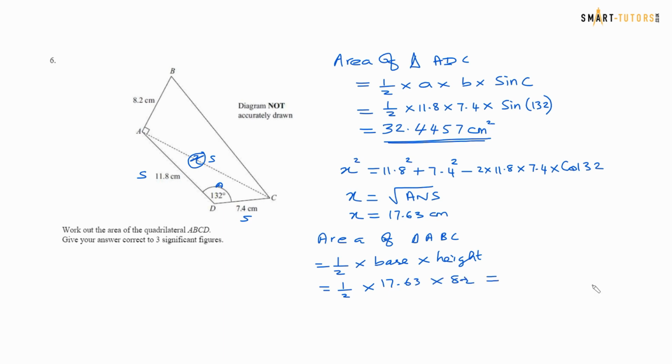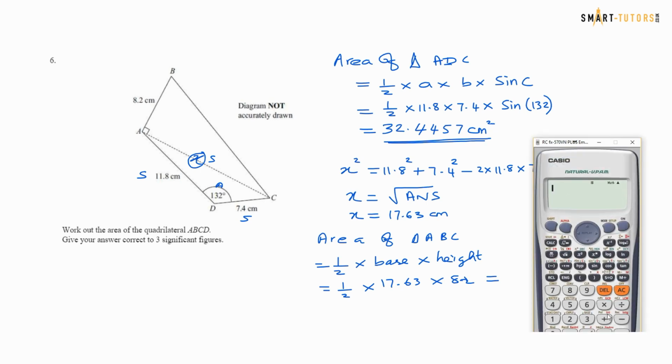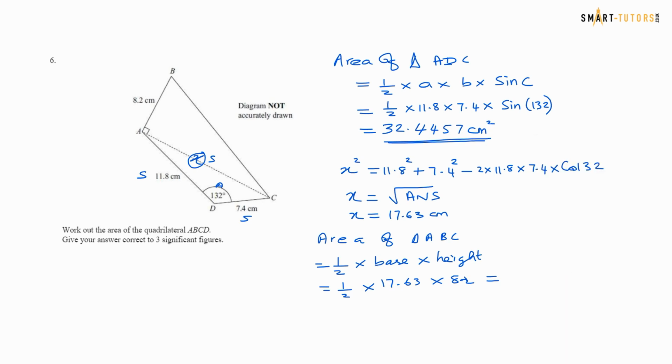Plugging everything into the calculator, 0.5 times 17.63 times 8.2, the answer is 72.283 centimeter square.